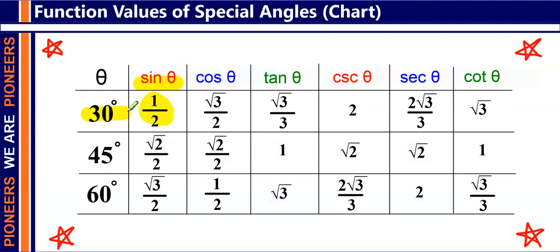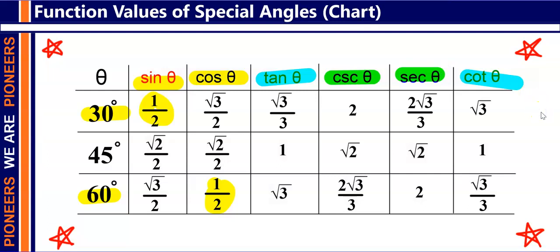Well, I know that cosine is its cofunction identity, and if 30 is the angle for sine, then cosine has to be 60, because 30 plus 60 equals 90, and its ratio is 1/2. So see how they share the same ratio as long as they have these complementary angles and that they're related with each pair. So again, remember that tangent goes with cotangent and cosecant goes with secant.